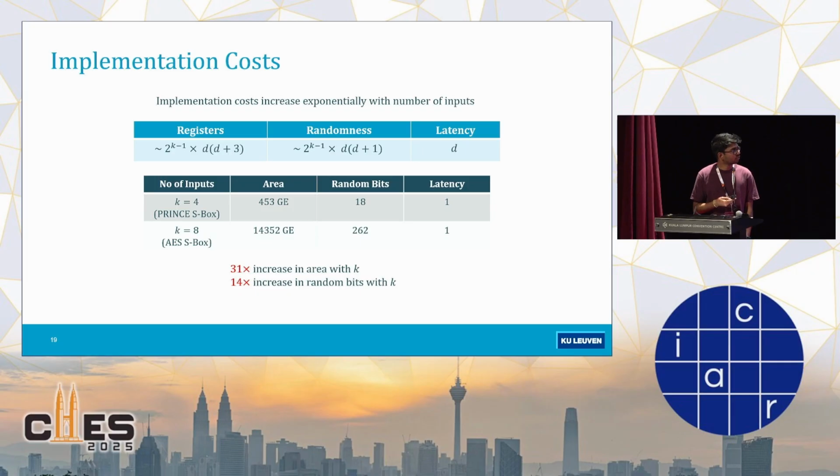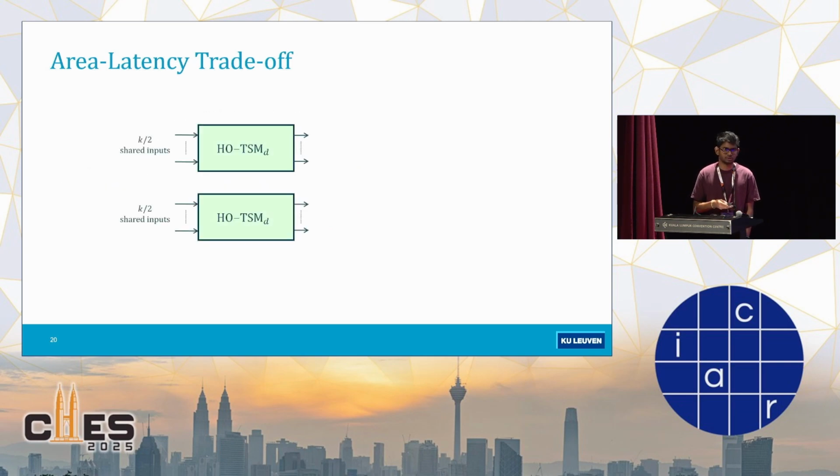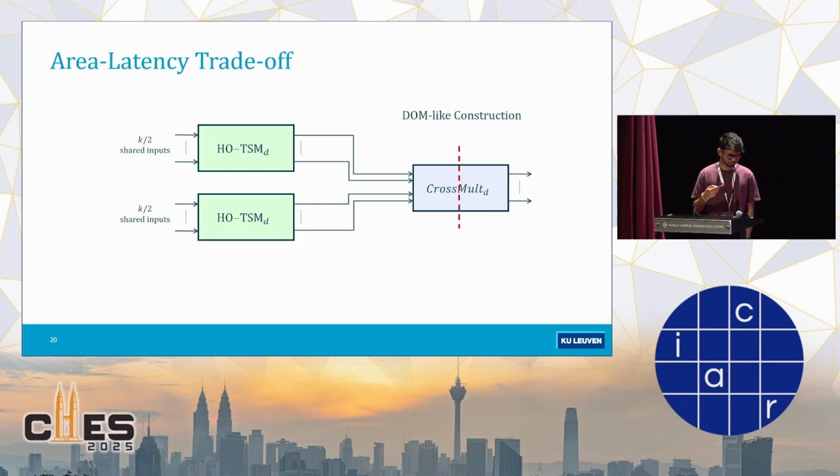So the idea was to take a K-input TSM block or HO-TSM block, and then to split this into 2 parts, which take K by 2 inputs, and then to combine them to produce the final outputs. I'll talk more about the cross-mult part later, but it has 1 register stage, and because of that, you have a latency increase of 1, but it also reduces the area and randomness by a lot.